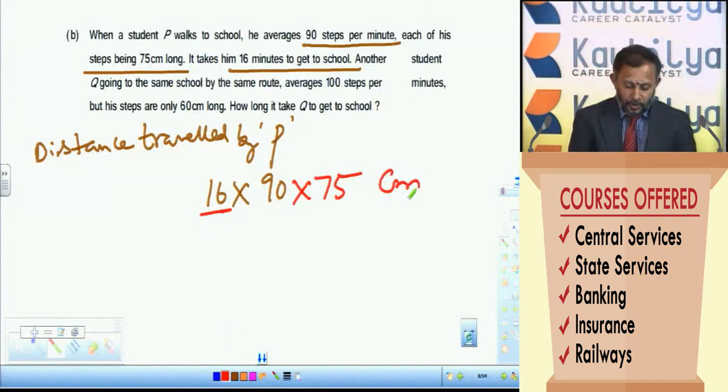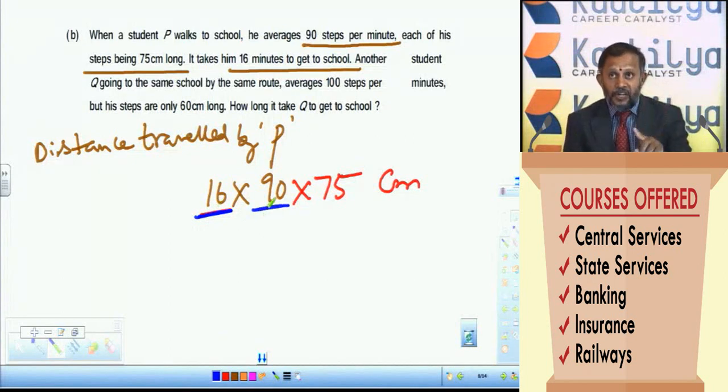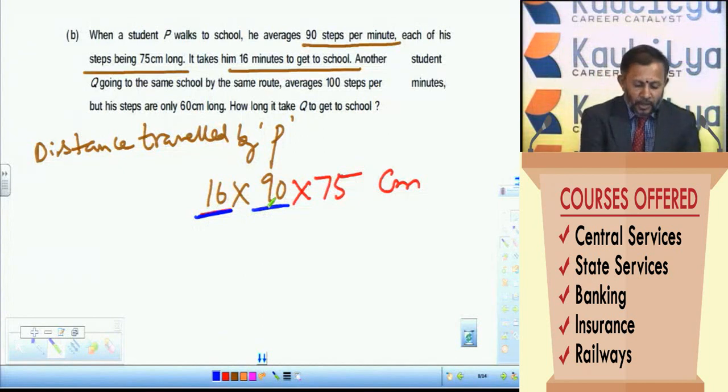So therefore here 16 is the number of minutes, the time taken by him, and in each minute he can take 90 steps, and each step can cover a distance of 75 centimeters. So therefore the total distance covered by P is equal to 16 into 90 into 75.